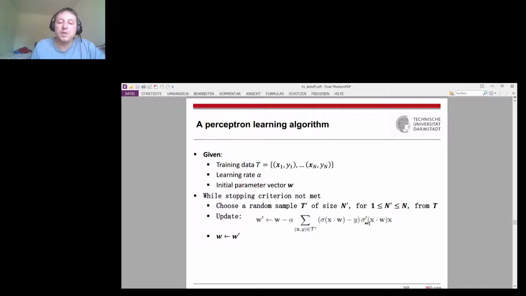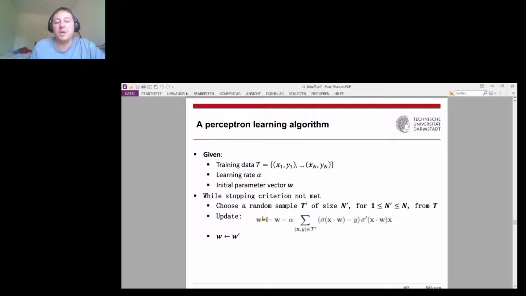So altogether, this is a real number, this is a real number, this is a real number, this is a vector. So this altogether gives a vector. We scale that vector by an alpha, and we subtract that from our current guess w. And then we update our w to become w prime.